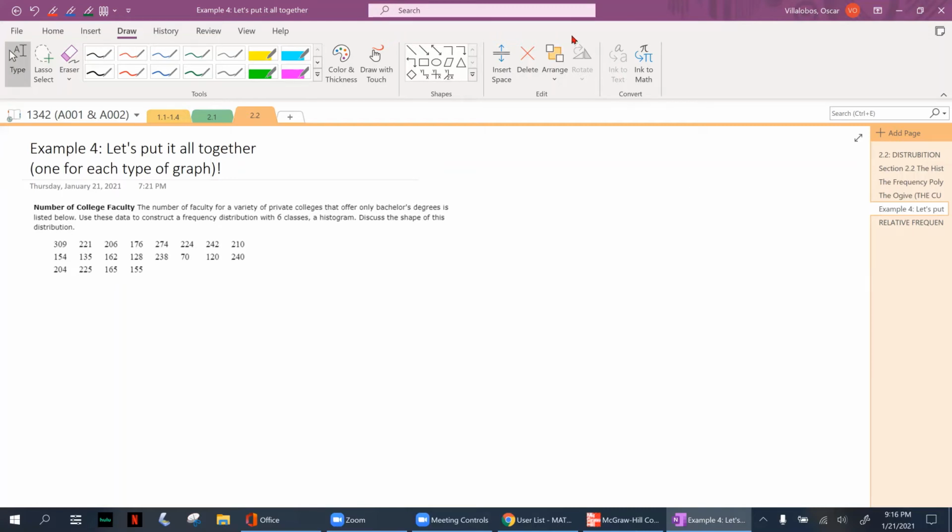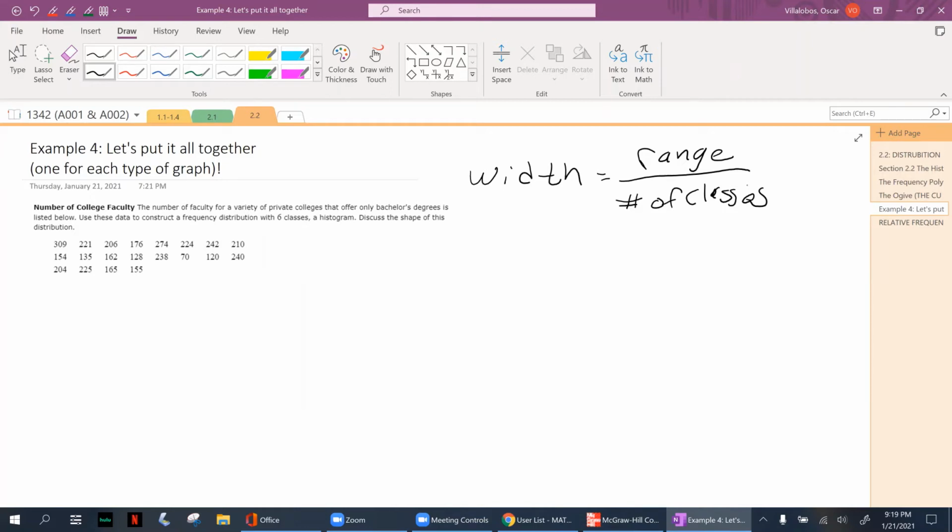The first thing I would need to do to get started is this formula: width is equal to range divided by number of classes. I need that width so I know the distance between my classes.